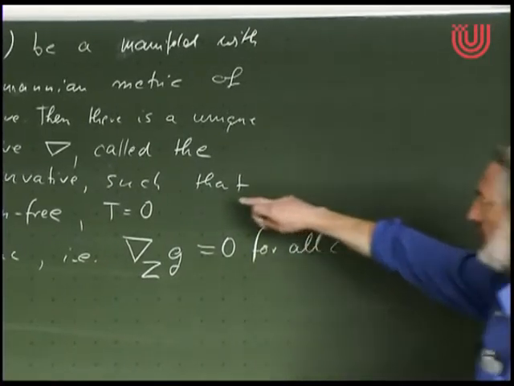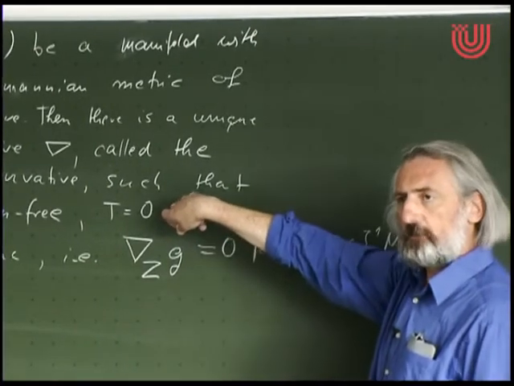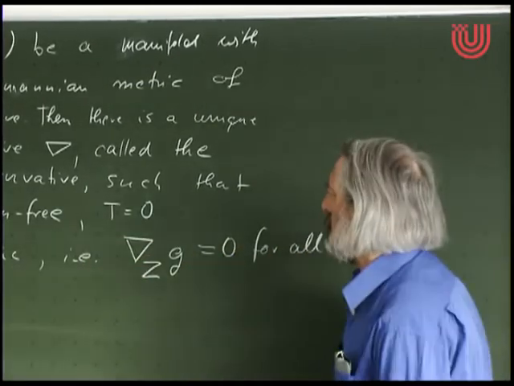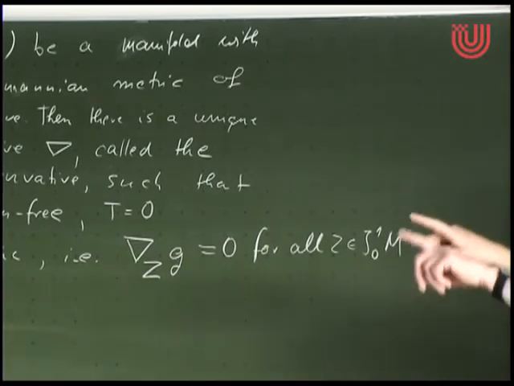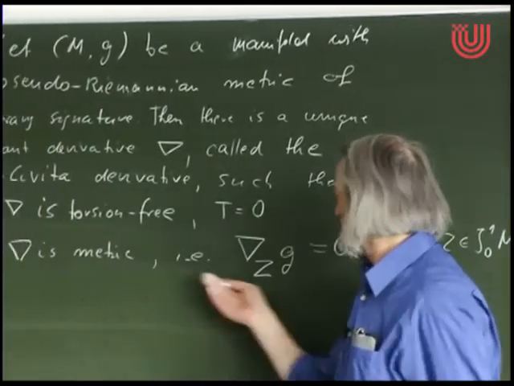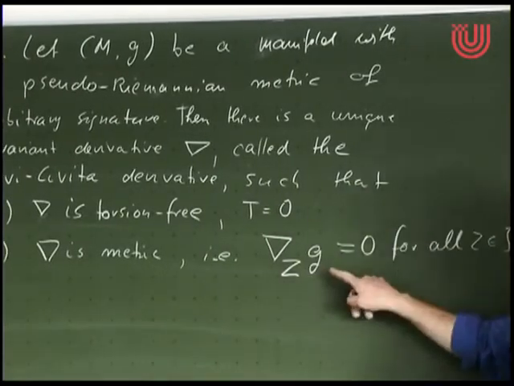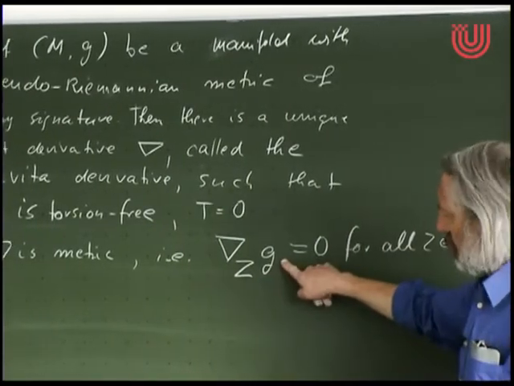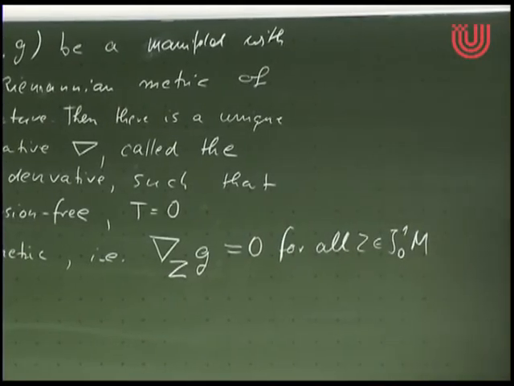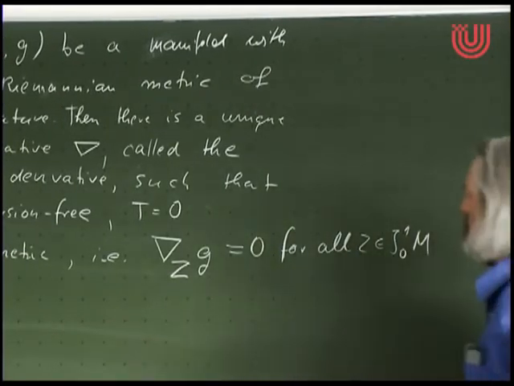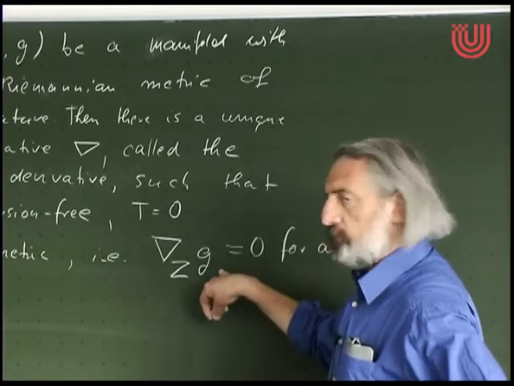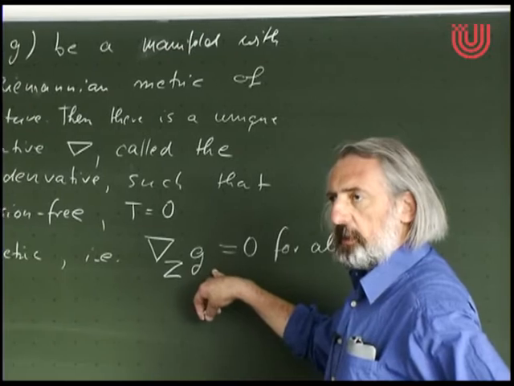We have talked already about the geometric meaning of this condition. This was a kind of closure condition when we parallel transported vectors along a mesh of curves. The geometric meaning of this here? Well, if we remember that we use g in order to define this quantity, which is called the length, or the pseudo-length, if we have a non-positive metric, then you see that this condition means that this property is not changed along a curve by parallel transport.